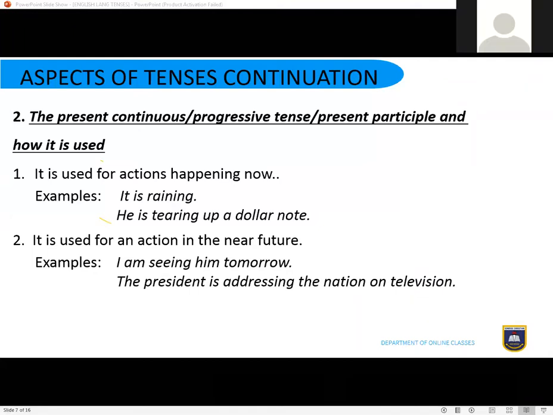Yes. So I'm just asking some of you to give us sentences and then identify the present continuous tense in it for us. The verb form that is in the present continuous tense. Is it clear?